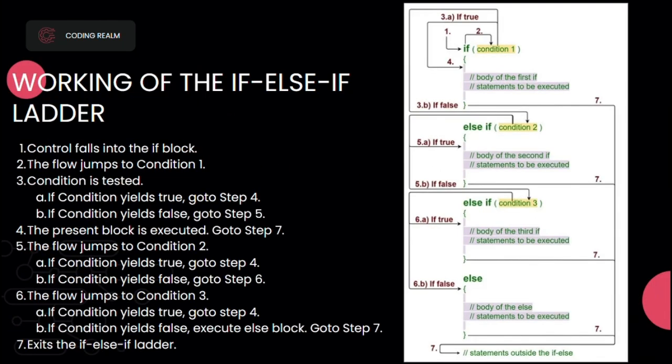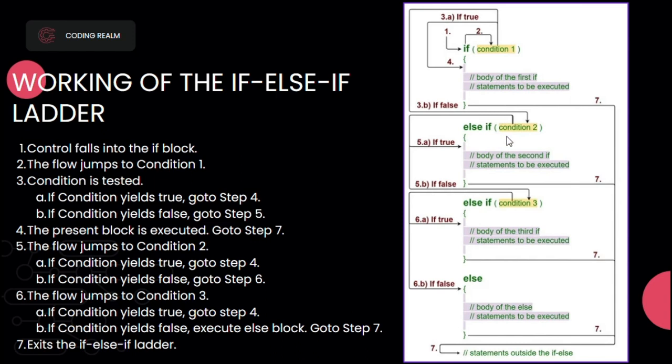Now let's show how the if-else-if ladder works in C++. Step 1: control falls into the if block. The flow jumps to the condition. If the condition is true, the present block is executed and the program exits. If the condition is false, I need to jump to a new condition, condition number 2.